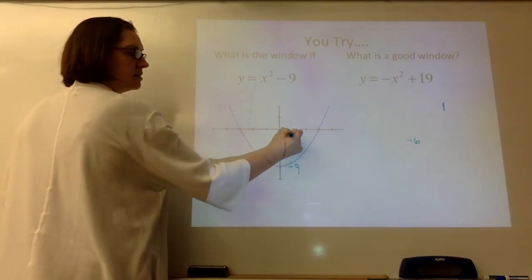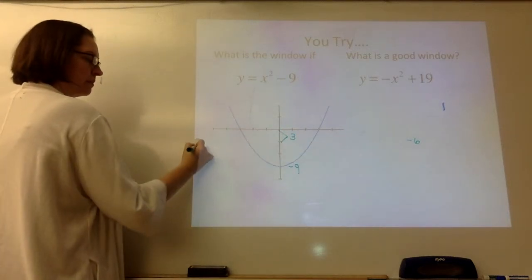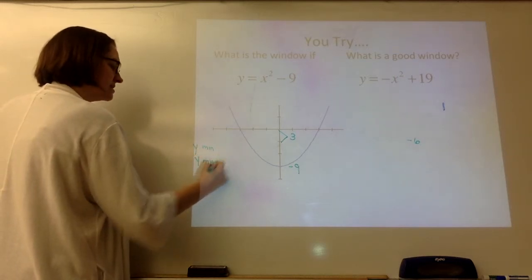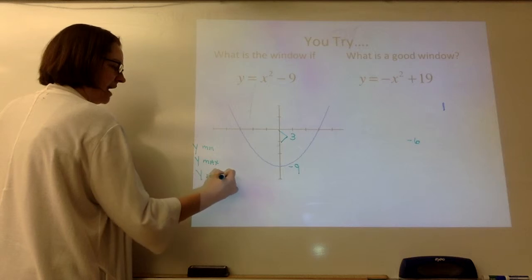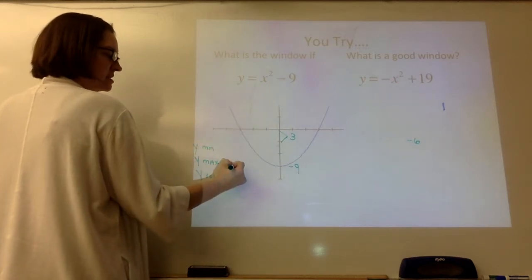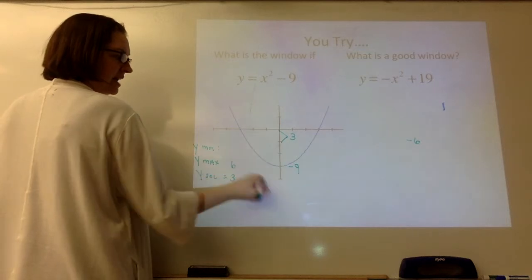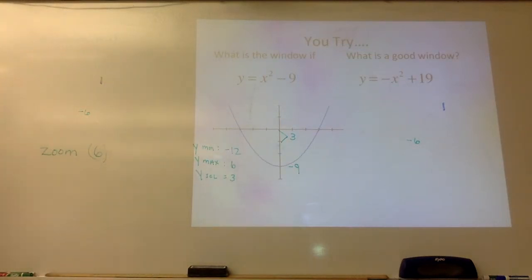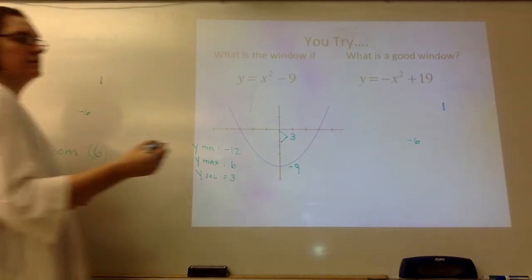3 units. So I've got my y min, y max, and y scale now is 3. Y max is going to be 6. Y minimum is negative 12. What about for where it crosses x?